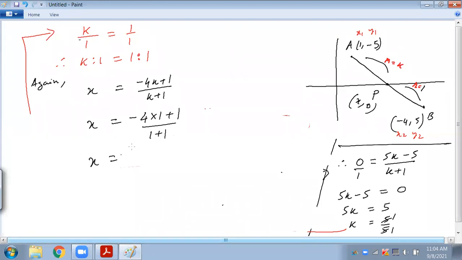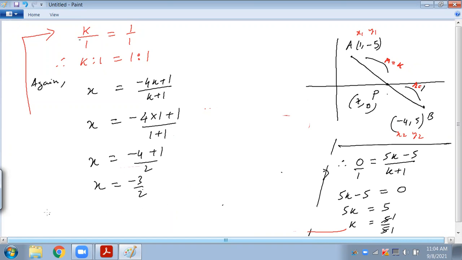So x will be -3 by 2. Now we got x, and we can write the coordinate of the point of division.